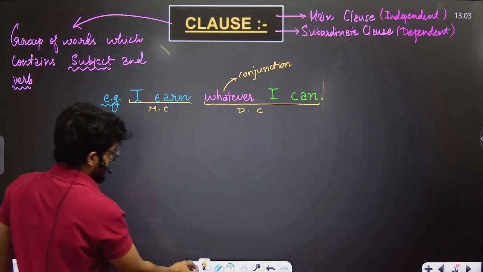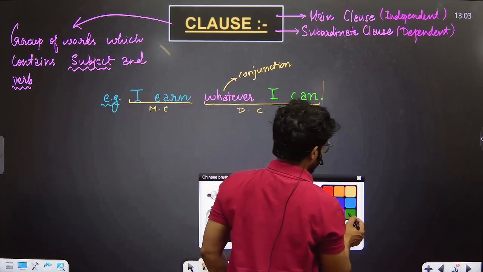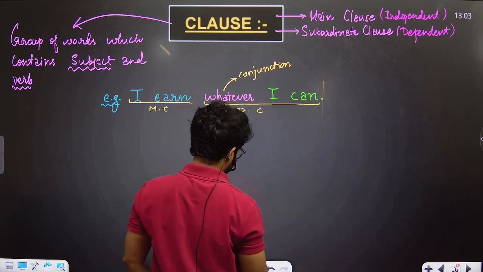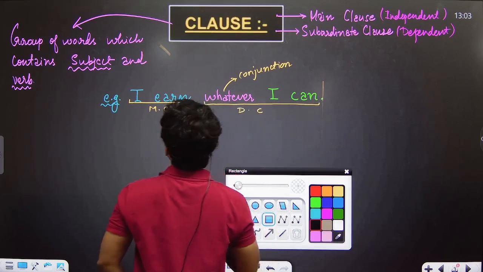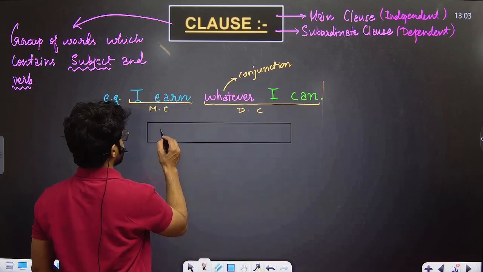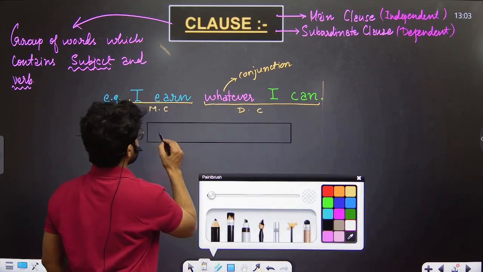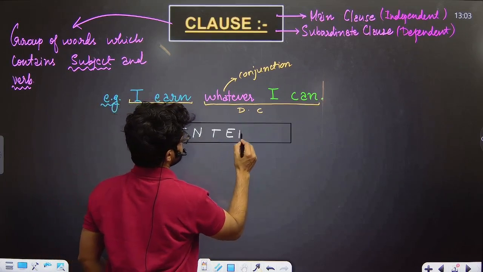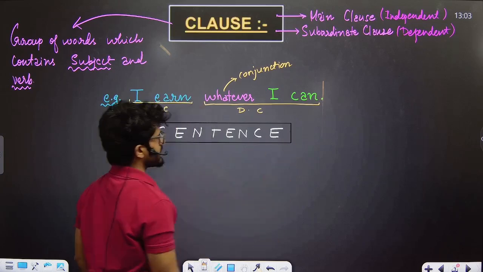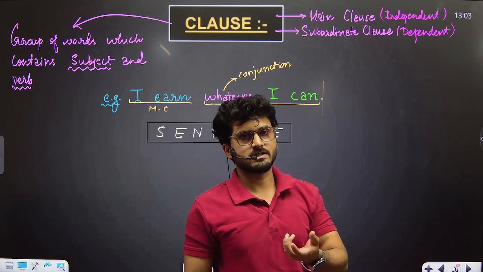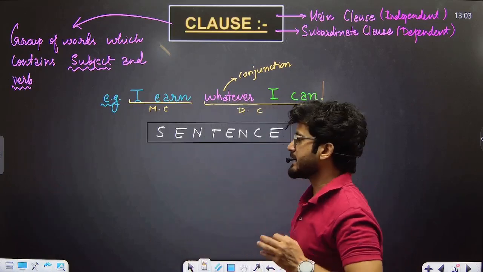Then let's discuss sentences. Do you remember the sentences or have you forgotten them? Remembered, na? So what are sentences? A group of words which gives us a complete sense, complete meaning. That is a sentence.